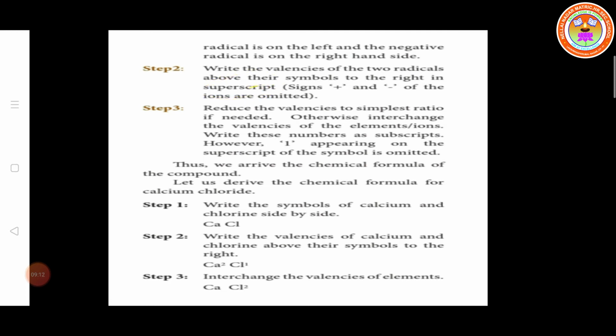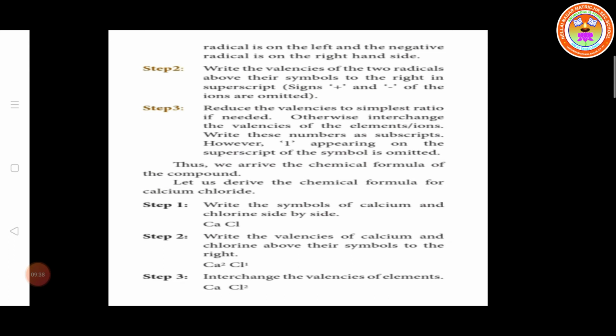Superscript means right on the top, and the plus and minus signs of the ions are omitted. You have to omit positive and negative charges, so write only the valency.